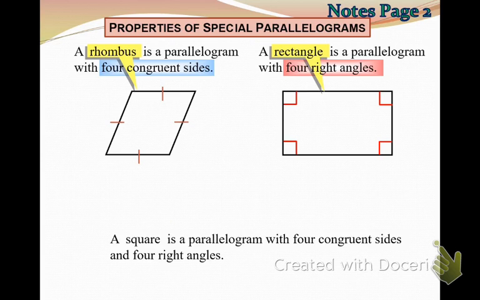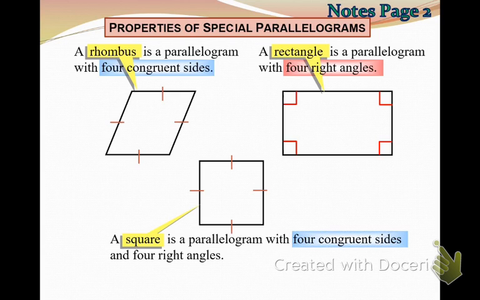So a square has 4 congruent sides and 4 right angles. I would have written down a little bit of the definition.